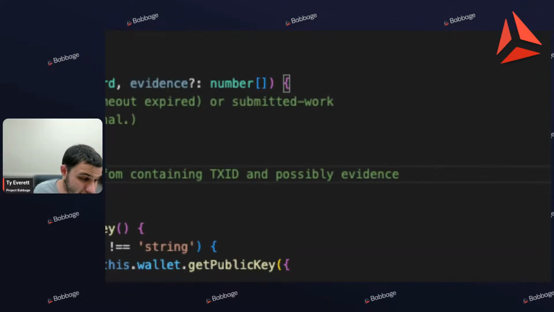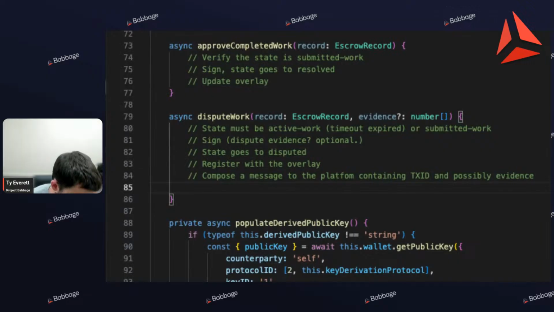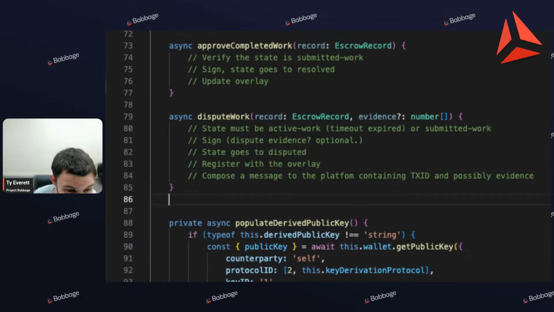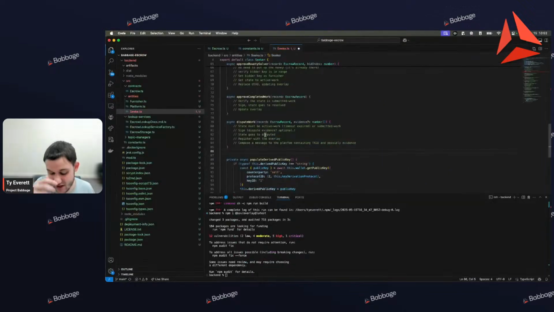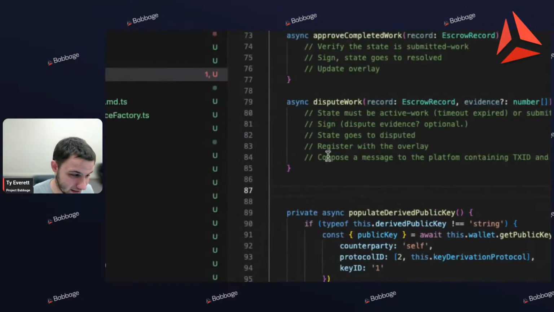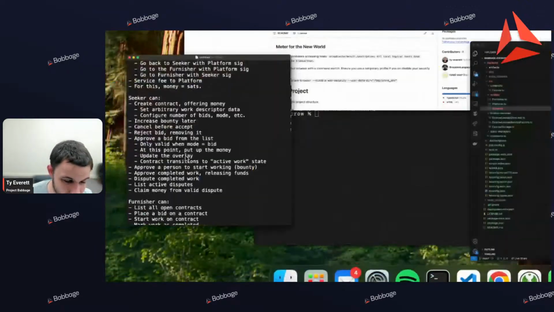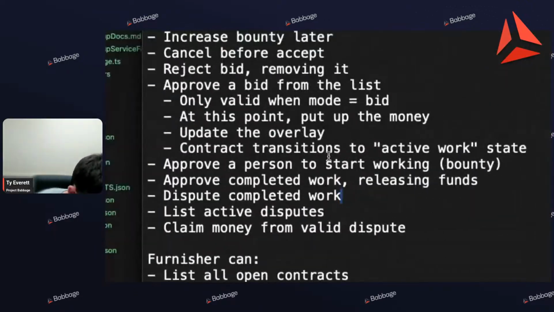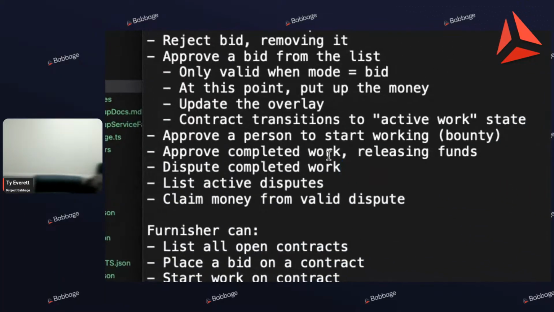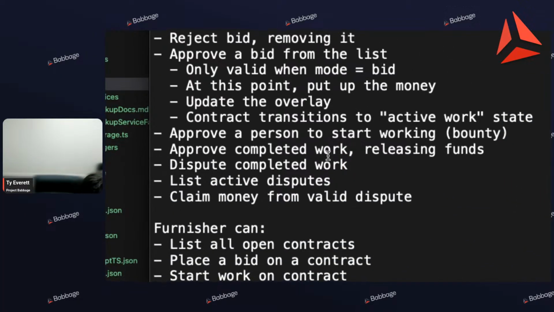So maybe you provide the evidence and TX ID, and then you've disputed. Okay, dispute work can be done when the time has expired for when the work was supposed to be done, even if it's still active and not yet submitted, or when it is in the submitted state but it wasn't good. Okay.